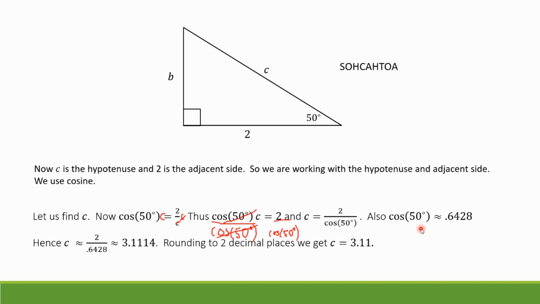It's 0.6428. Now from here, we can get C, because C is about 2 over this. And if you do that quotient, you get this number.